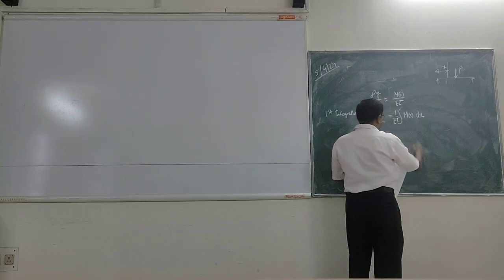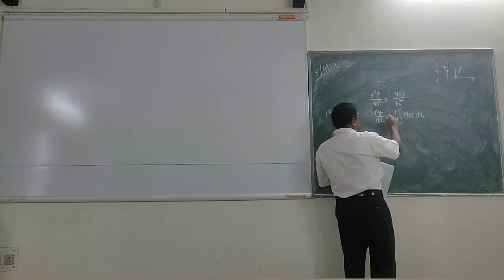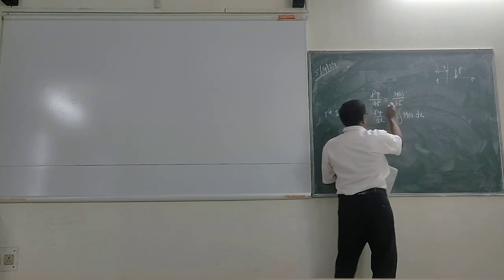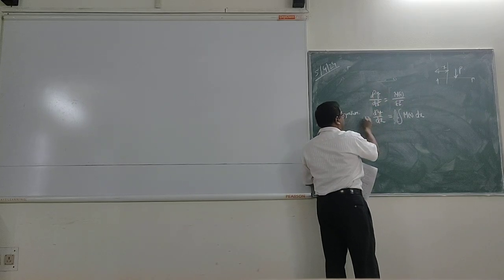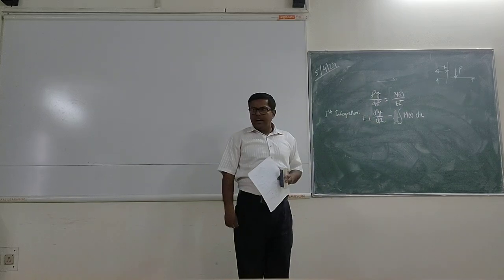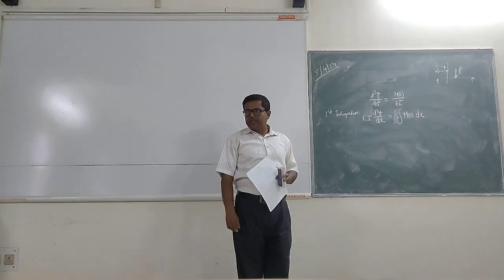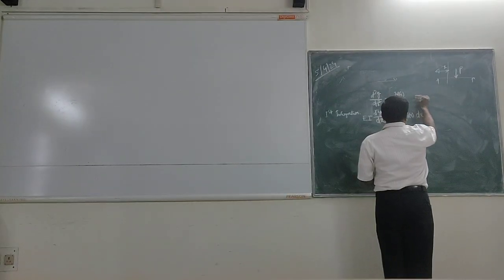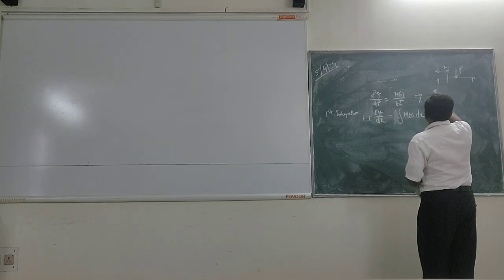Or rather, since EI is constant, I should bring this EI to this side, so I can write EI dy/dx.